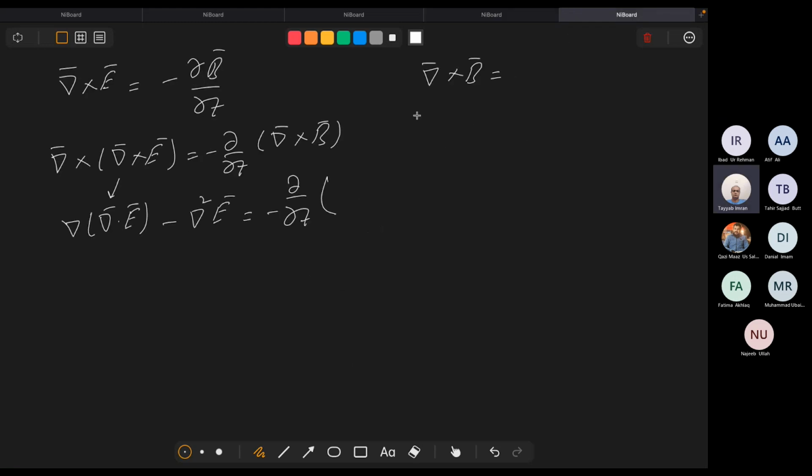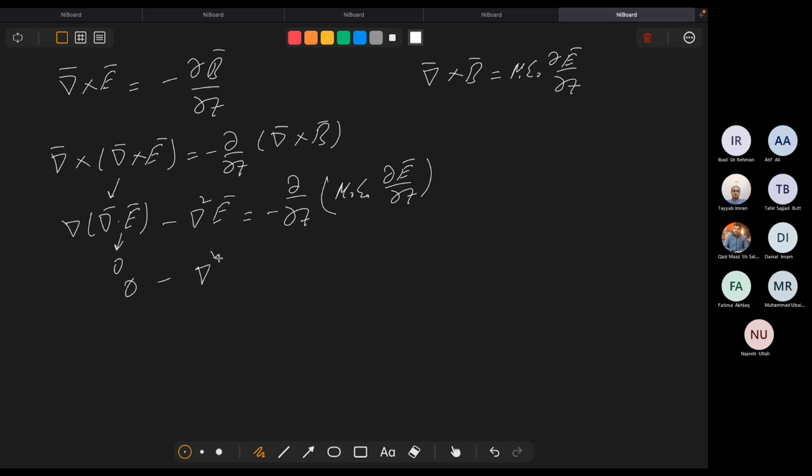So this one is equal to curly E over curly T. So basically you just put this value here, and this one is equal to 0, okay, for the homogeneous.